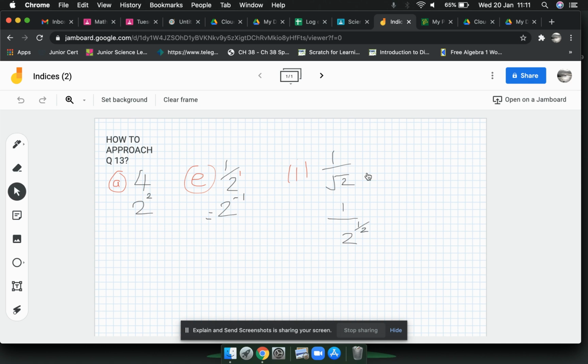Again, I follow my indice rule, and what I would notice there is that this becomes 2 to the power of minus a half. Same rule applies. If I have a numerator of 1, and a positive number down here, I can bring this above the line and change the sign of the indice.